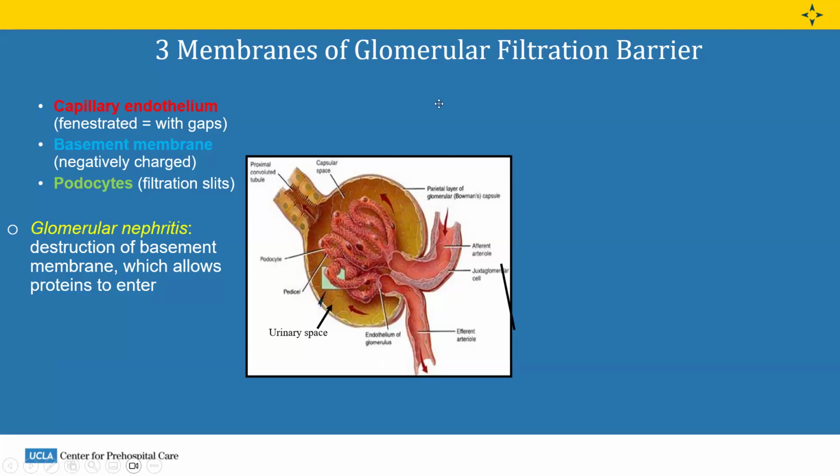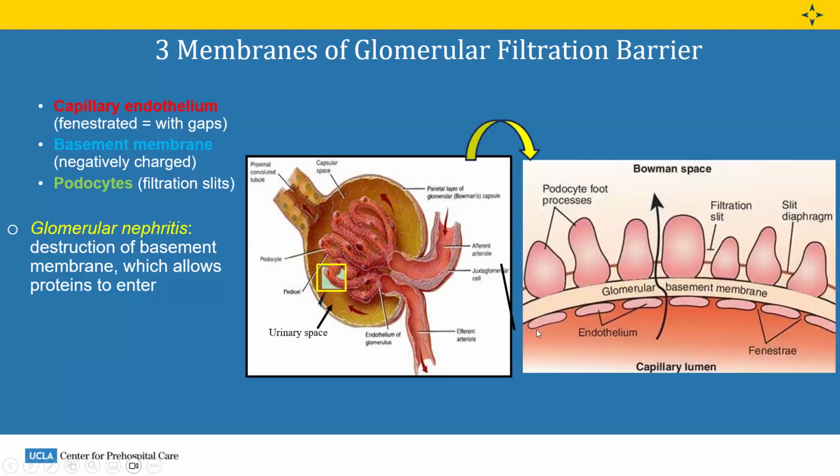I just wanted to share what the membranes are that form this barrier between the glomerulus and Bowman's capsule. Essentially, we have our capillary endothelium. So we zoom in here to show you a bigger picture. The capillary lumen is where blood is going to be.